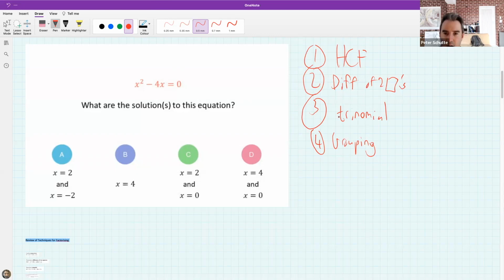We'll stop there for now. You're suggesting a difference of 2 squares. I do see the square here, I see the 4. I'm a little bit worried about the x, but I think you're on the right track. I'm just not sure I completely agree.